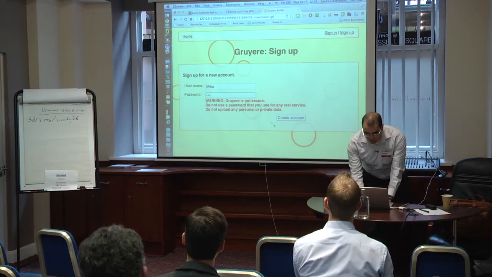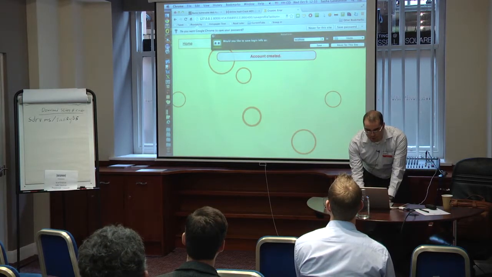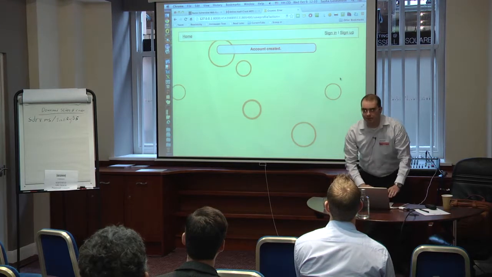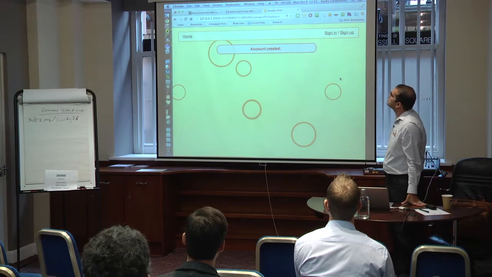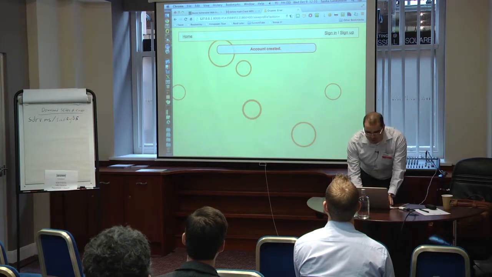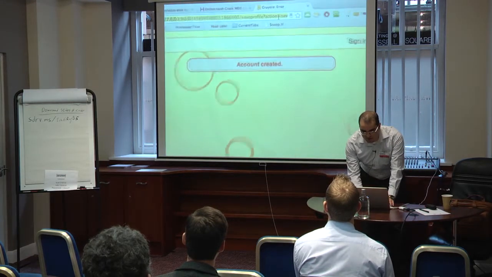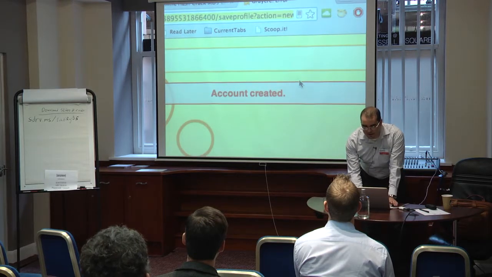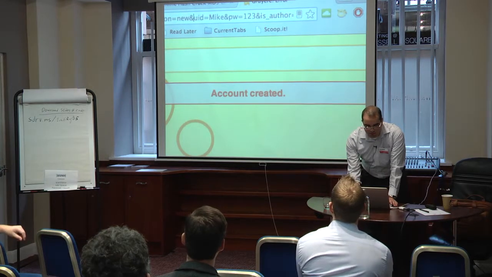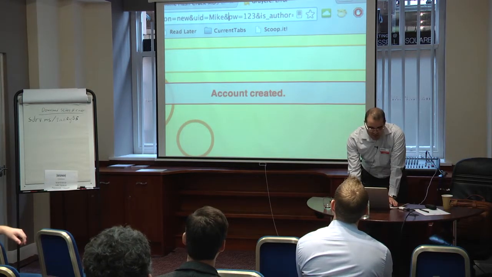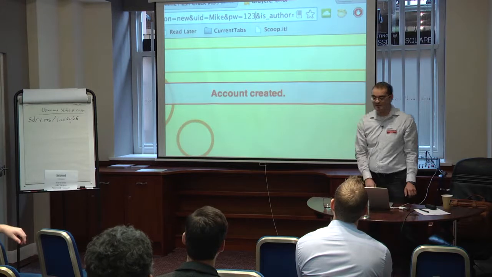So watch for what happens. I'm going to hit Create Account. Chrome offers to save the password, and RoboForm, which is my password management, also prompts me to save the password. But let's take a look at the URL here, which is the first thing that's really gone bad. The URL here has this save profile thing, action new, UID Mike, password 123.